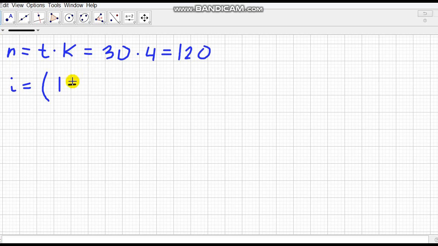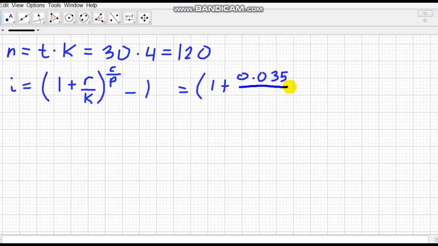For our interest rate per period, we're going to make use of our formula used only for general annuity, that is 1 plus r over k raised to c over p, minus 1. Our rate is 3.5%, so that would be 1 plus 0.035, that's our rate, all over 2, since we are being compounded semi-annually.